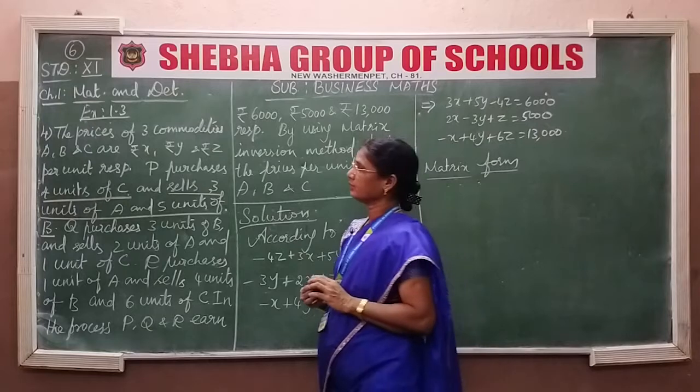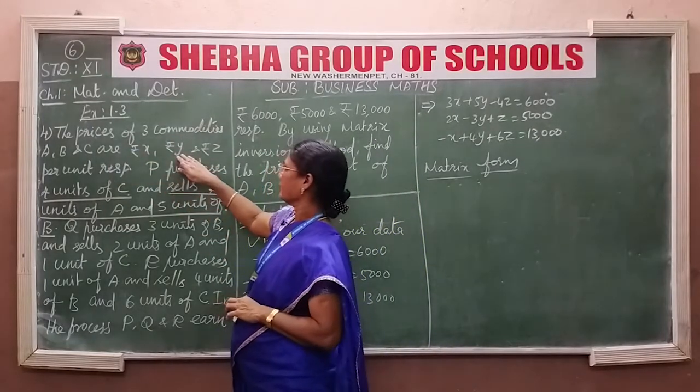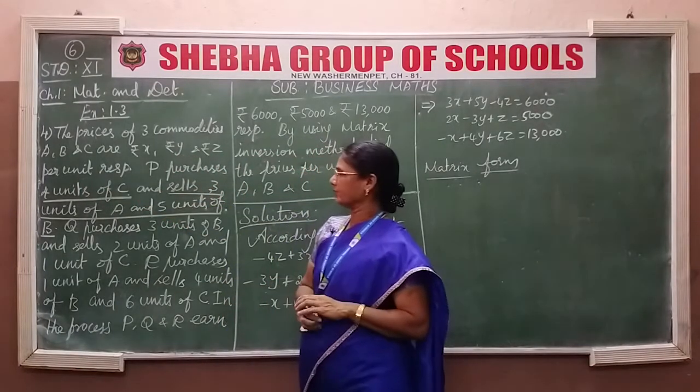Let us see the fourth one. The prices of three commodities A, B, C are rupees x, 5 and rupees z per unit respectively.